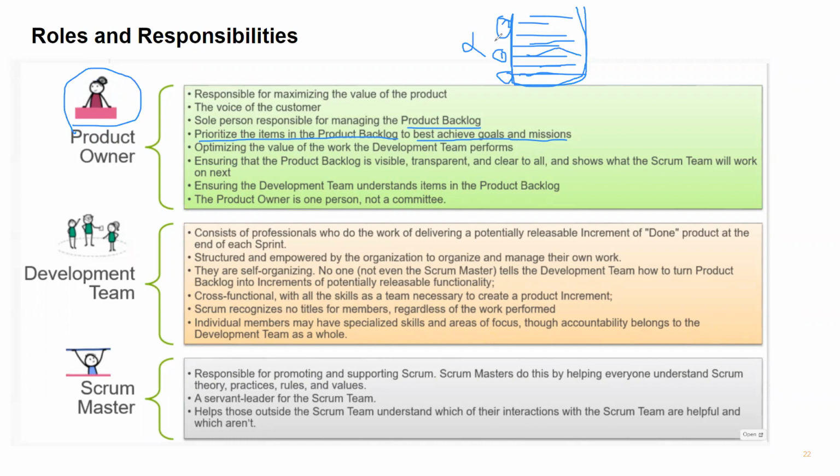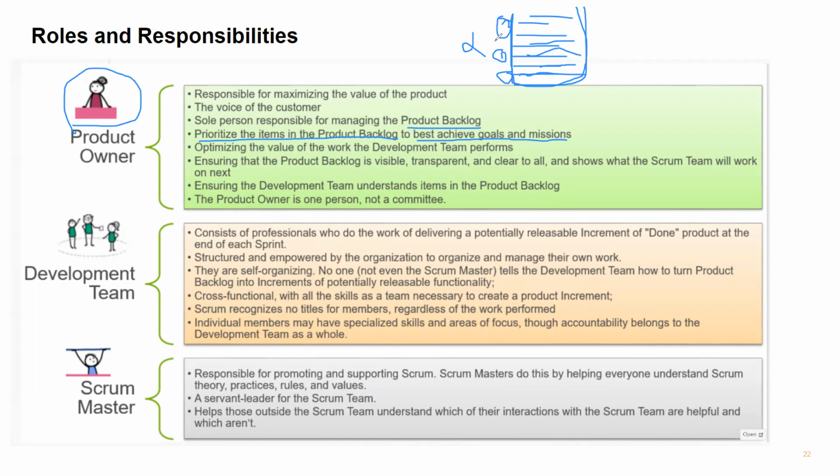Do not assume that the development team contains only developers, because you don't have a separate testing team here. The development team is a cross-functional team which has all required functions in one group. The product owner will give instructions to the development team to work, and he will be the one who prioritizes the work items in the product backlog.